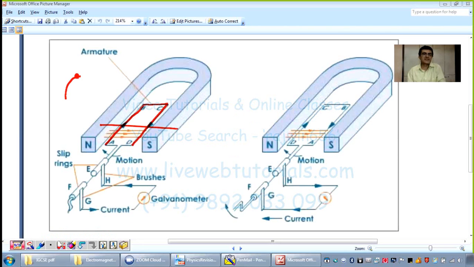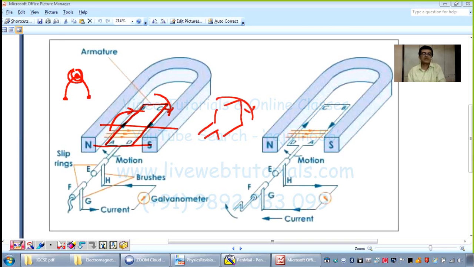When it reaches the horizontal position, this is the magnitude of the current that is shown on one side. When the coil starts moving and coming back to its vertical position, slowly the current is approaching zero.